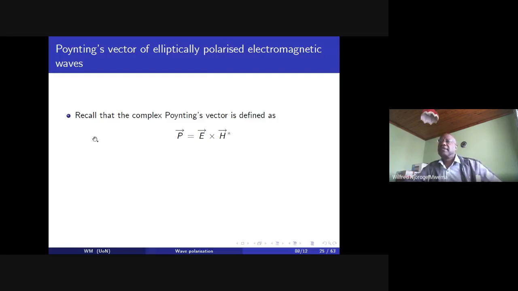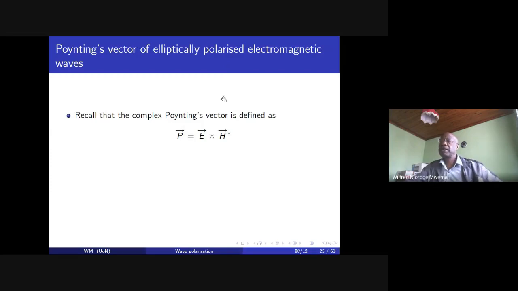Now, if we have an elliptically polarized electromagnetic wave, what would the Poynting vector look like? Remember, the Poynting vector is related to the rate at which power or energy is being transmitted or propagated by the wave through a surface.